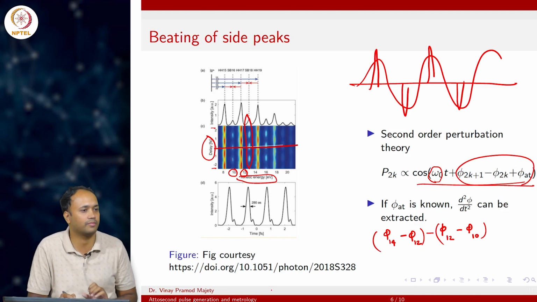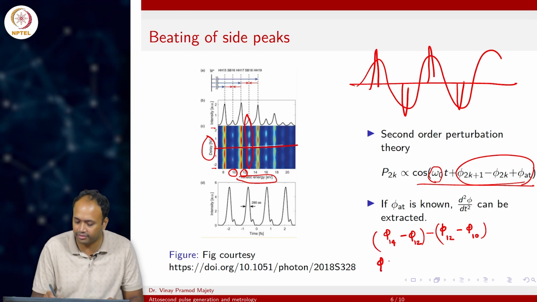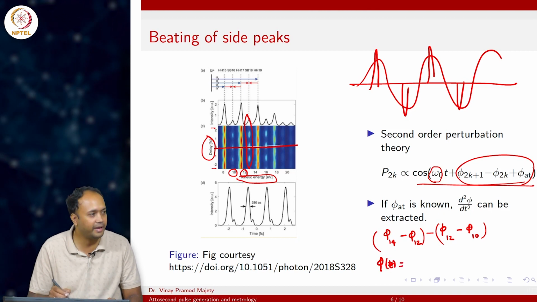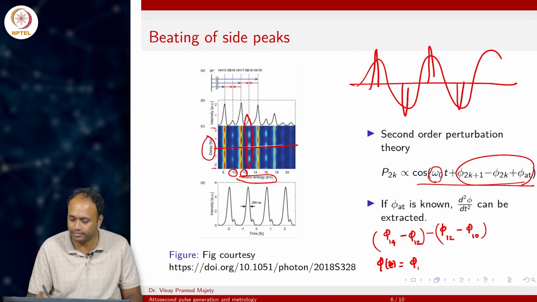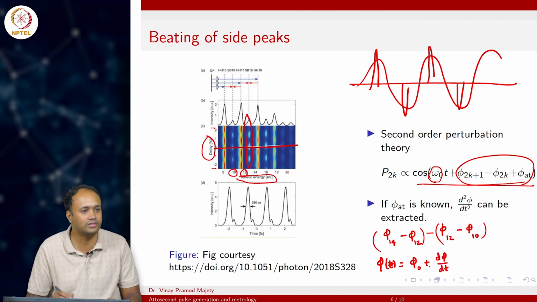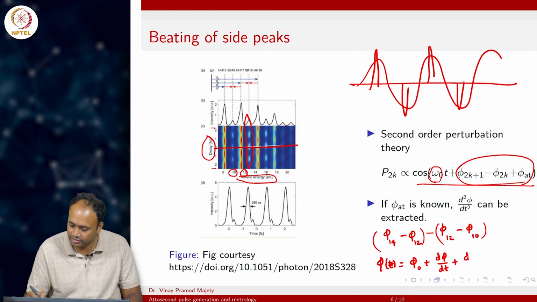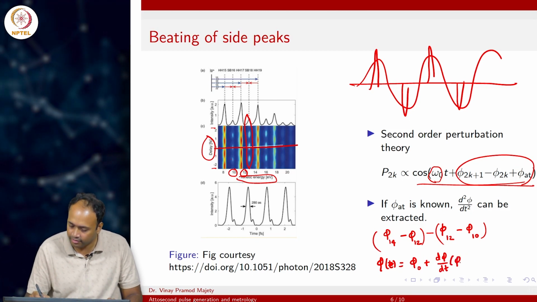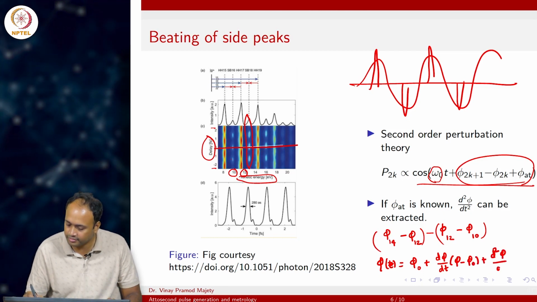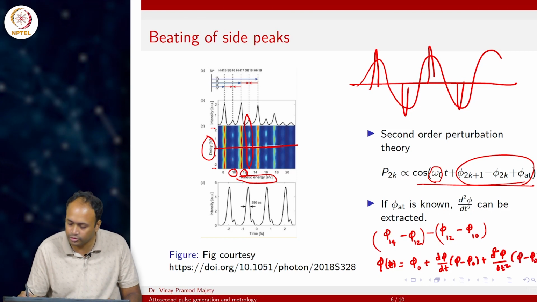And if I want to fully characterize the phase, I think you have looked at this in different earlier lectures, the phi which is a function of t can be expanded. You can write this as some constant phi naught, plus the first derivative of phi with respect to time, which is the instantaneous frequency, times t minus t naught, plus the second derivative, and so on, right.